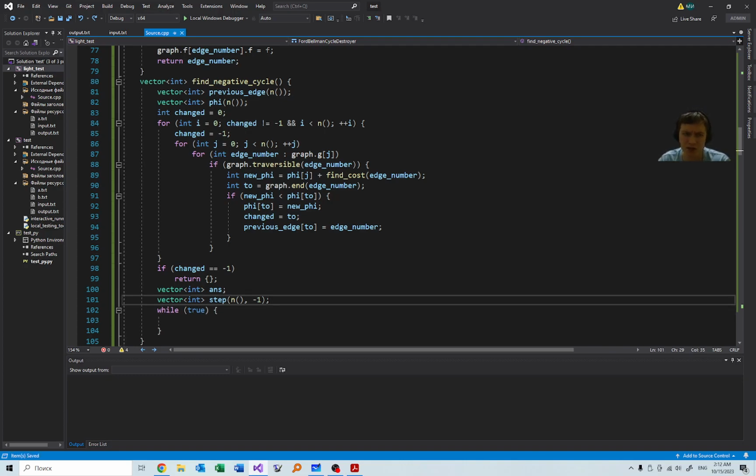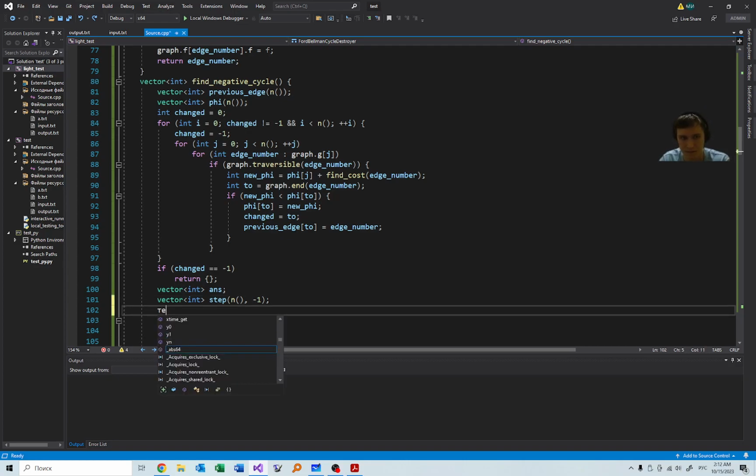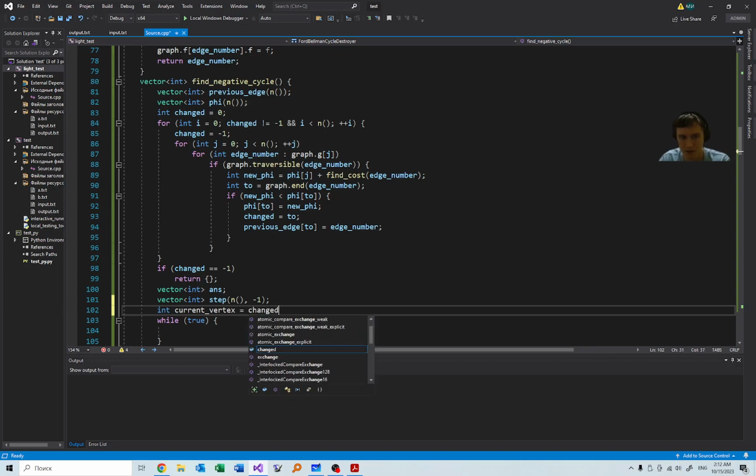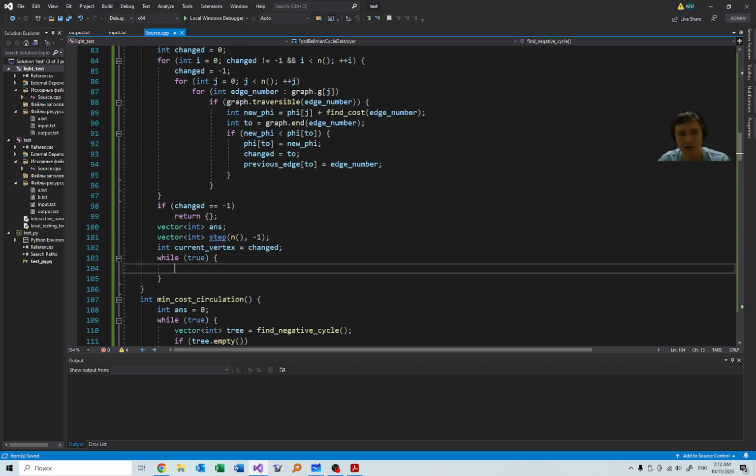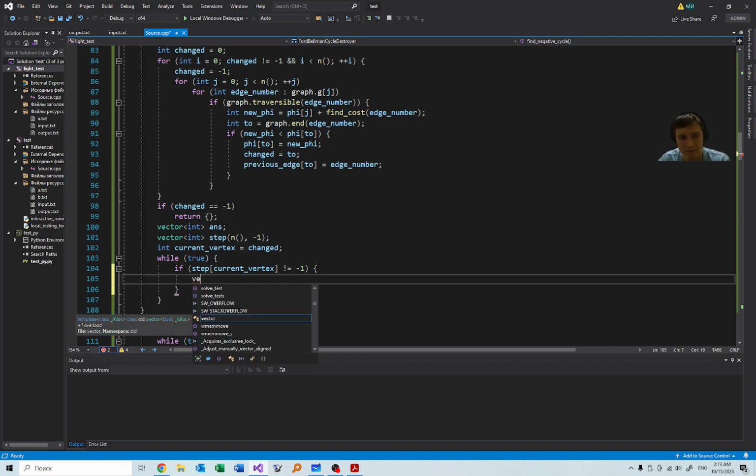I can just use changed as current, but I will not. Okay, while true, I do the following. So if step of current vertex is not -1, then I found a cycle.